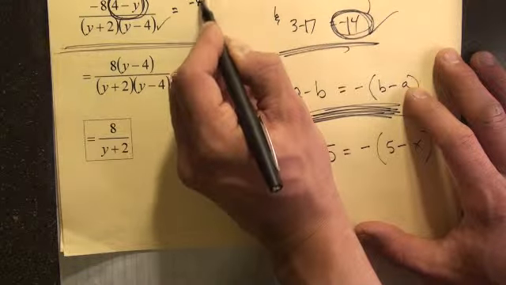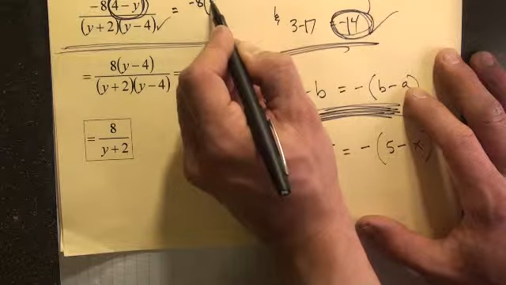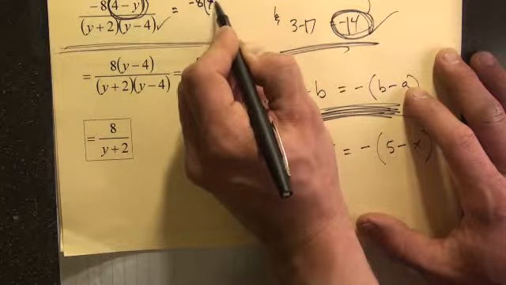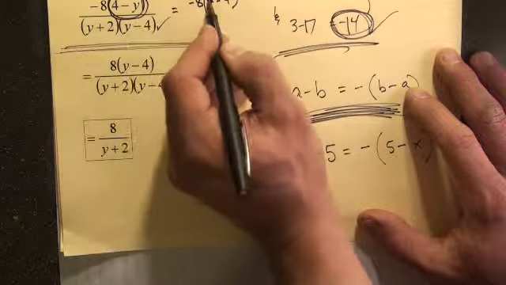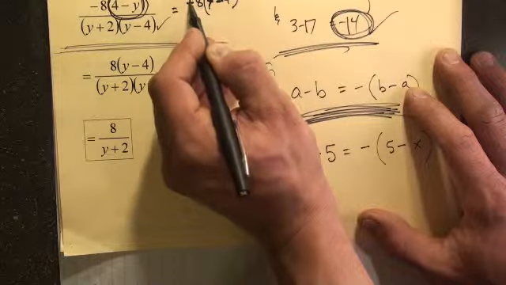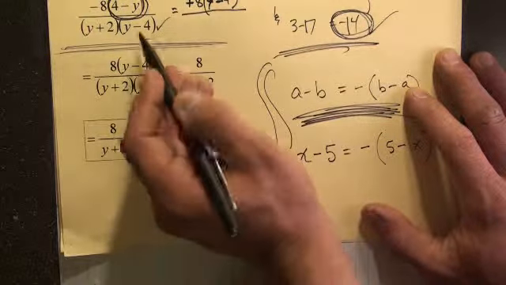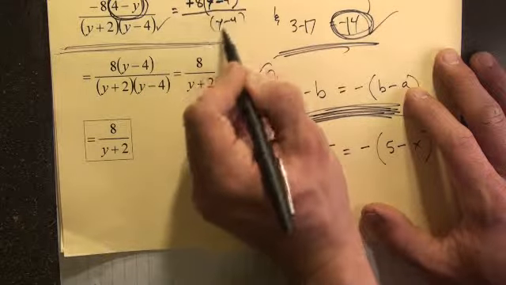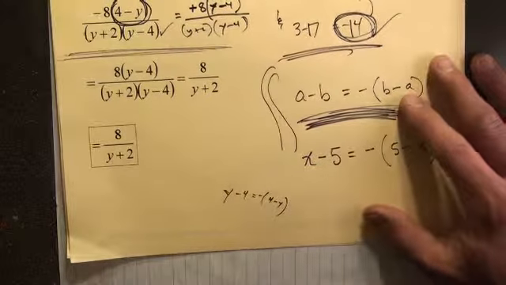You can call this negative 8 times y minus 4. But we can change the 4 minus y to a y minus 4 as long as we put a negative in front. But there's already a negative in front, so you call it a plus. And that's how we get here. See how that works? And then we leave this as a y minus 4 in the denominator, and of course a y plus 2. But that's how that shakes down.